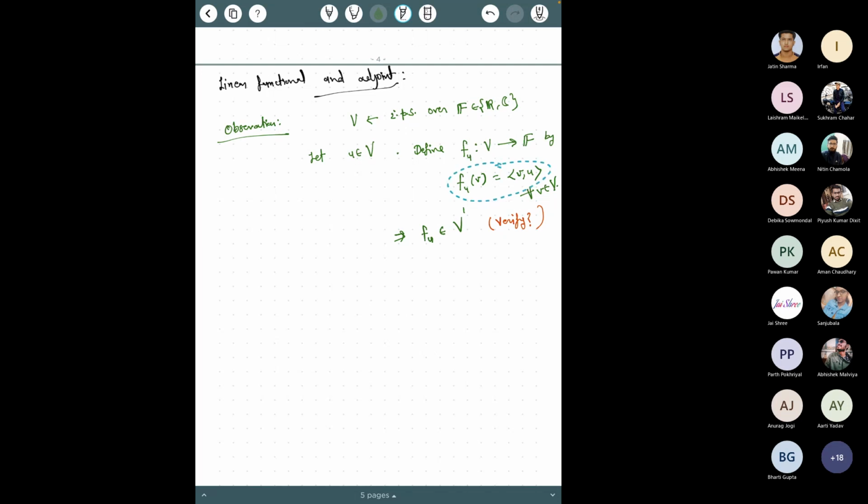Now let me ask the converse question. Can we say that the converse is also true? So what is the converse here? Can anyone try?